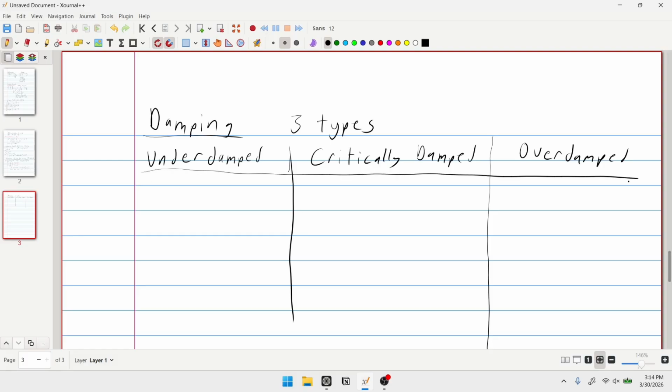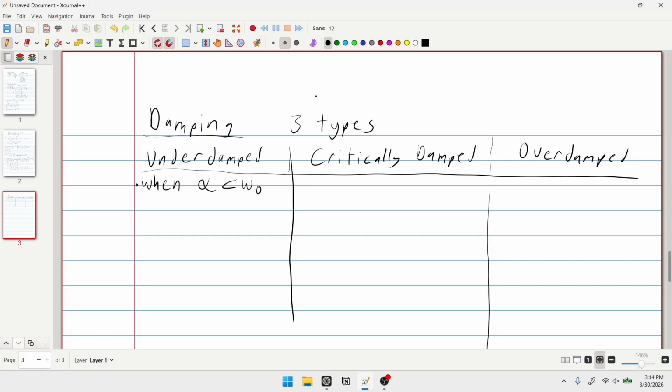And so, let's go on to when we know our circuit will be these three. Our circuit will be underdamped when alpha is less than our natural frequency.